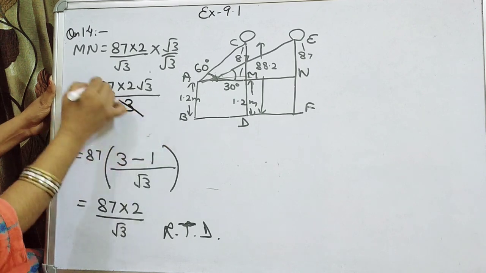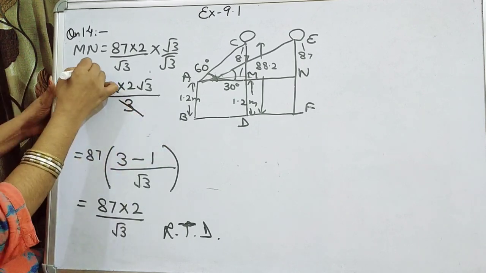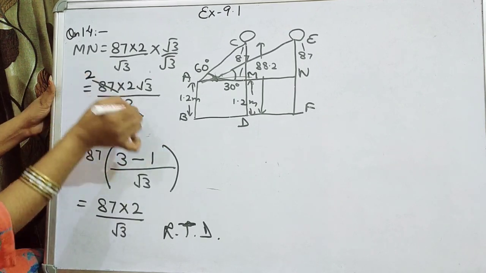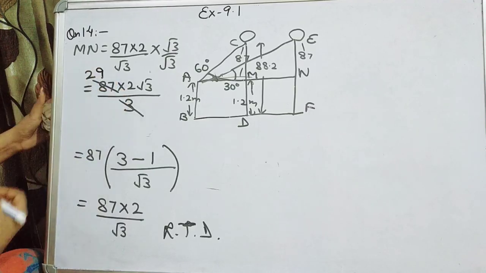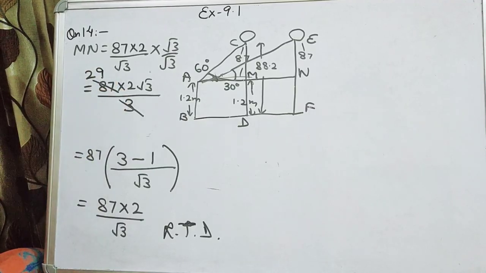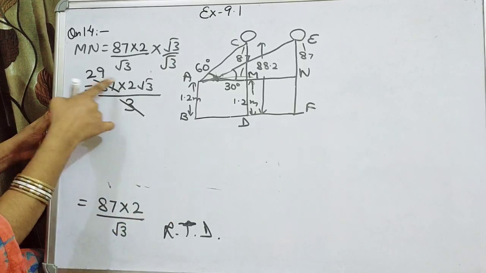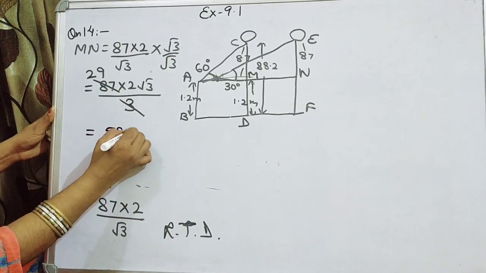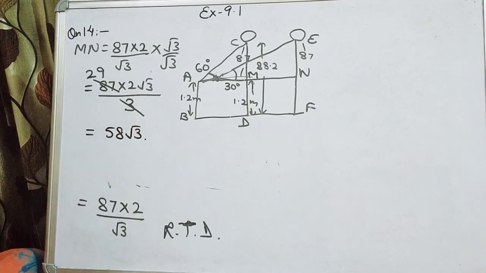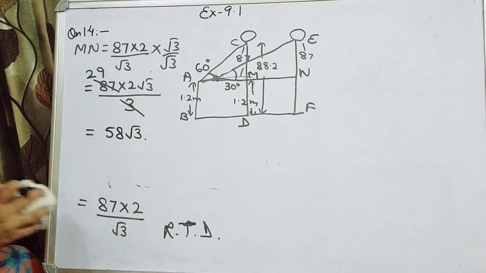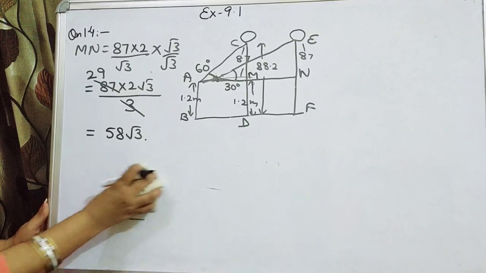And if I cancel this with 87, I get 3 2s are 6, 3 9s are 27. So it will be 29 into 2 root 3. And finally we get 29 into 2 is 58 root 3. So this is the value of MN, which is equal to the distance covered by the balloon.